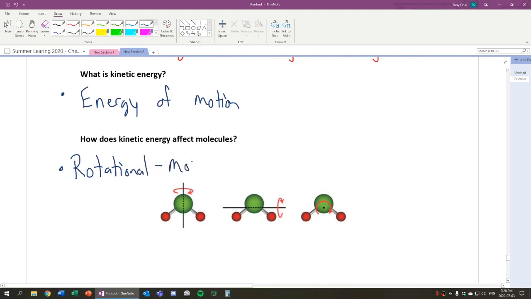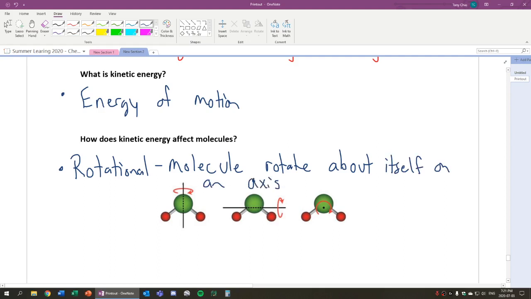Rotational is basically a molecule rotating about itself on an axis. So imagine there's a little string holding this molecule up. This molecule will swing around and around.